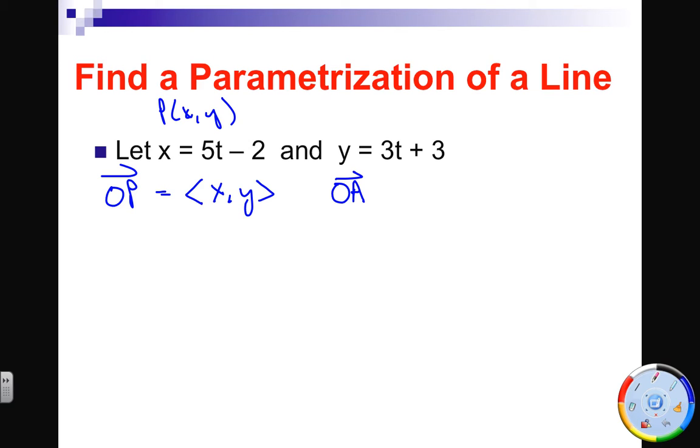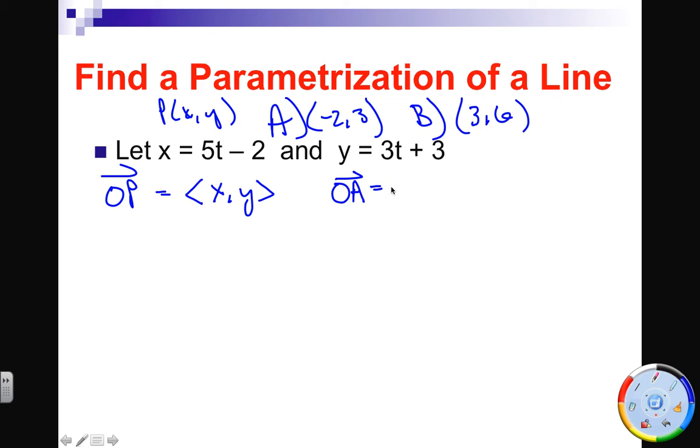Oh well, we'll get the answer. So A is the point negative 2, 3, and B is the point 3, 6. Okay, so the vector OA is just, since that's a point going to the origin, the vector negative 2, 3, and OB is the vector 3, 6.